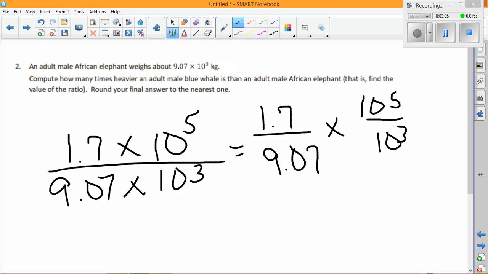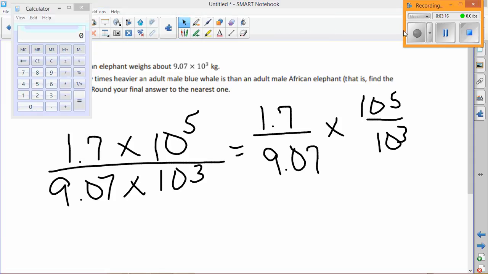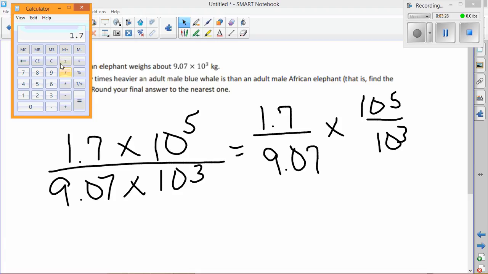And if we do that computation, okay, so we can take our calculator and we can type in 1.7 divided by 9.07. We end up with this very big number, and it asks us to round our final answer to the nearest whole.